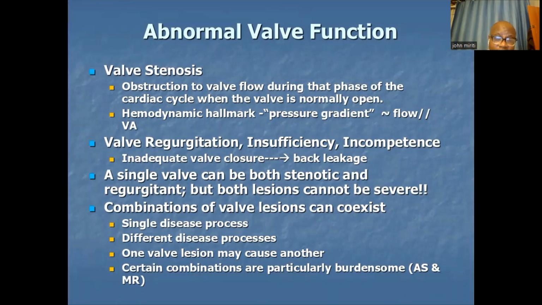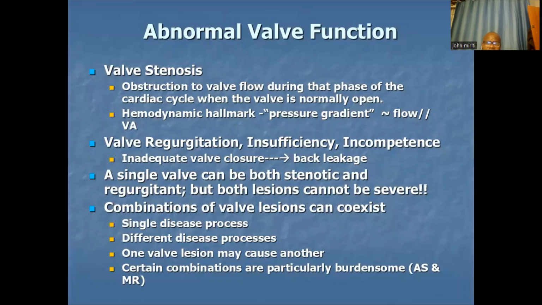There is obstruction to flow during the phase of the cardiac cycle when the valve is normally open, meaning there is an obstruction to blood flowing through instead of the valve being open. The hemodynamic hallmark is a pressure gradient, so flow between the ventricle and atrium is affected.